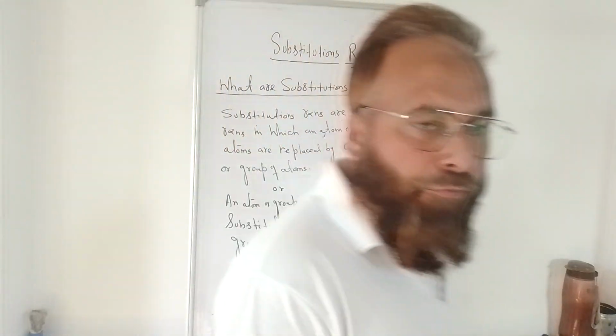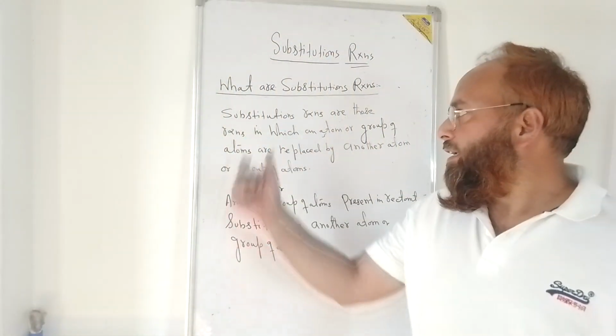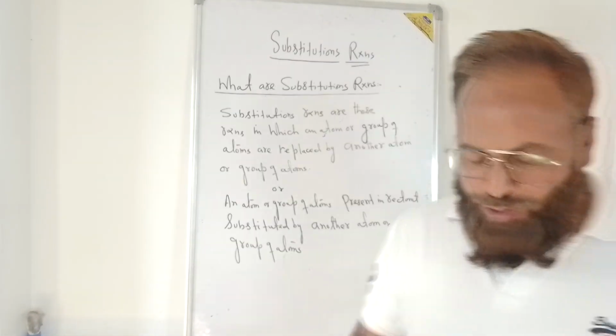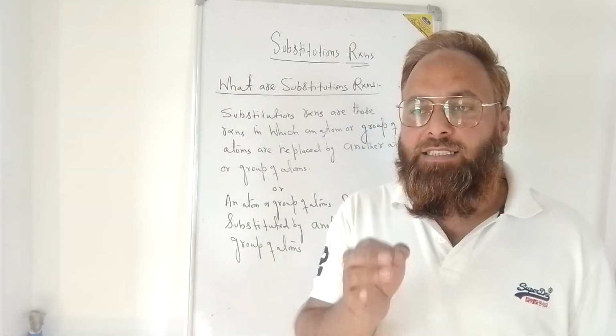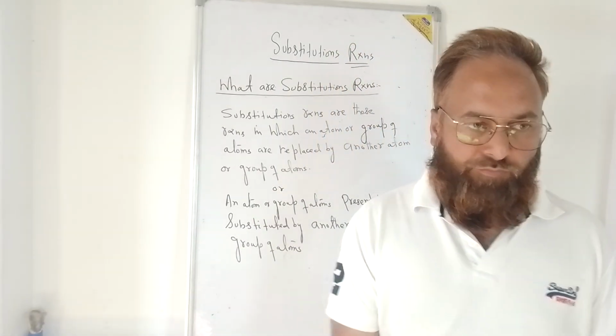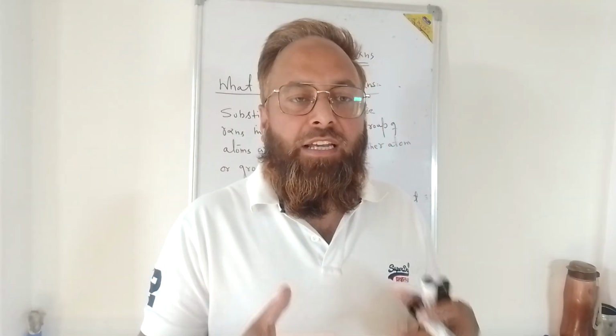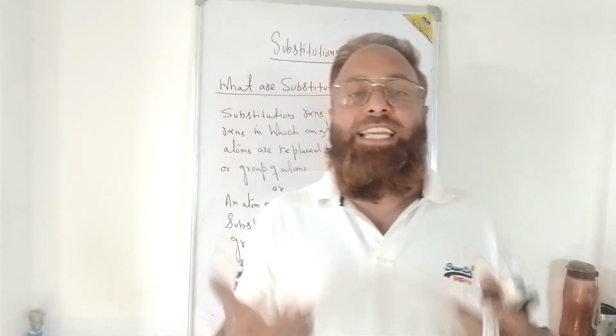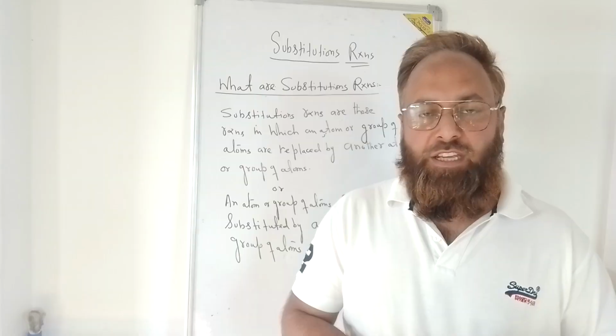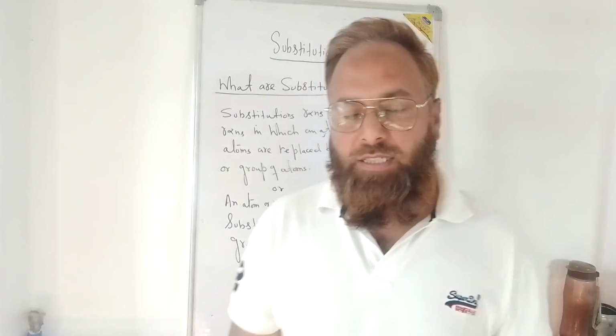So basically, to define substitution reactions, let us take an example based on cricket. There are 11 players to play cricket, because the rule of cricket is based on 11 players.